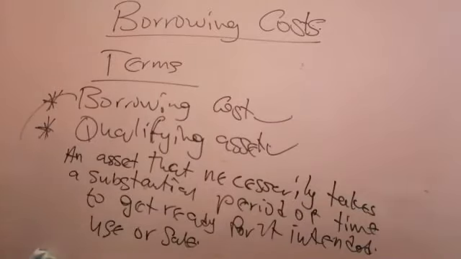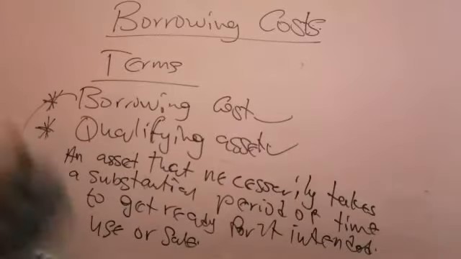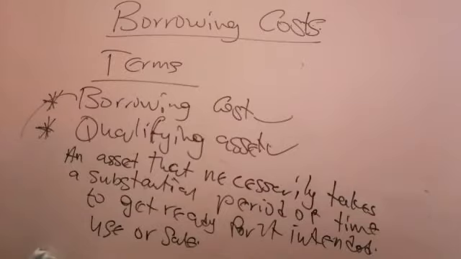Today I'm buying a land, tomorrow I'll build on it. It takes time before my building is ready. That's what a qualifying asset is. We will look at the examples of qualifying assets and the examples of borrowing costs right after this.